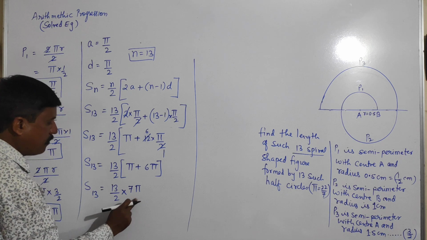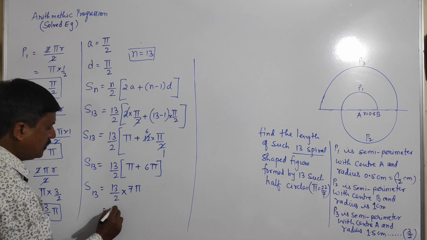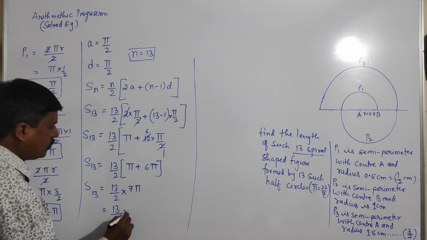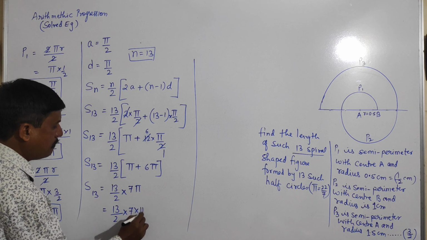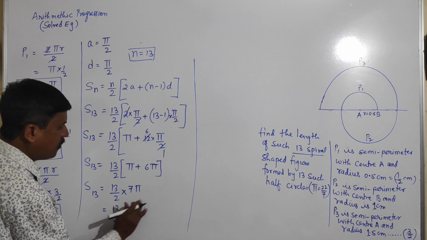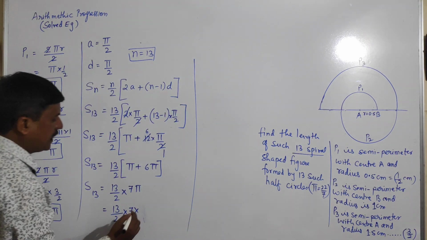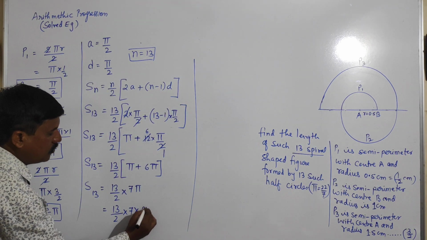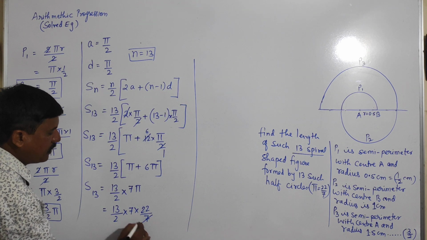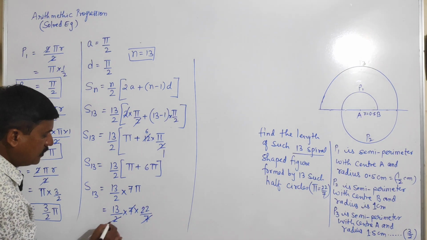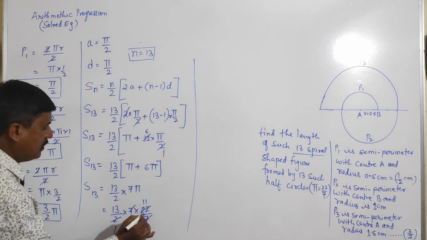Now you have to put the value of pi in 13 upon 2 into 7 into pi. For the value of pi we have to take 22 upon 7. 22 upon 7 cancels: the 7 goes once, and the 2 goes into 22 eleven times.